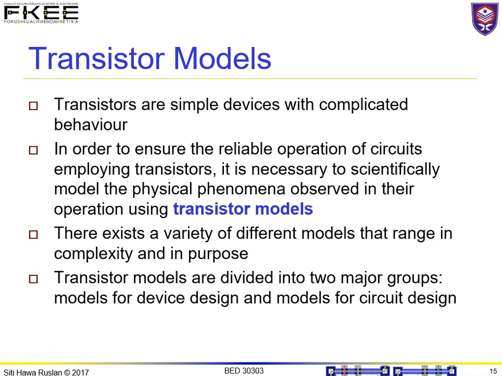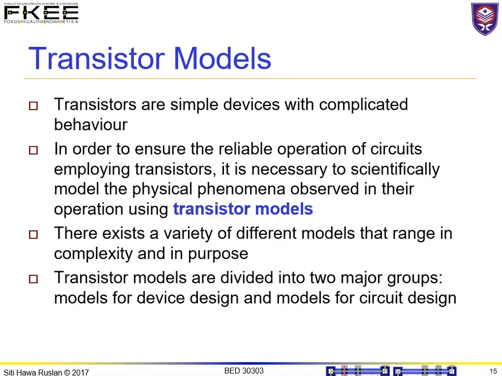So for transistor models, there are so many models to be used actually. Even though it is a simple device, it has a very complicated behavior, meaning that you have to represent your transistor in the saturation region, in the triode region, and so on. That is for the MOSFET.